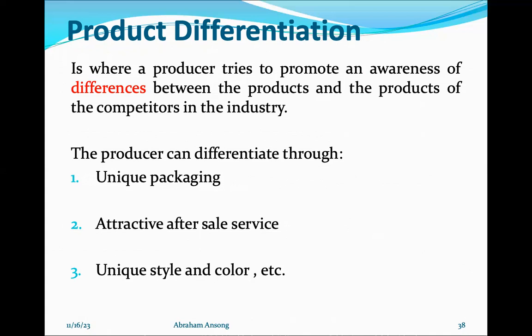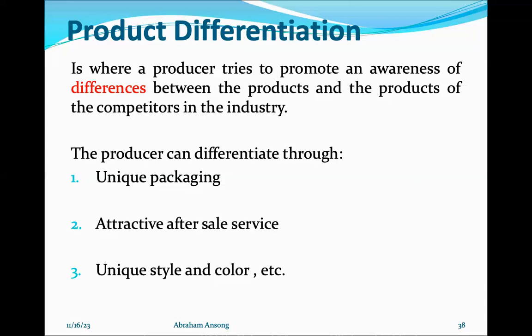So you get to a stage in the product life cycle where you think you are making a lot of sales. Your products are more trusted, more valued, and so you want your customers and clients to know the differences between your products and those of competitors. All right, so the producer can differentiate through unique packaging. So you can use your packaging as a means to differentiate your product from those of competitive offerings.